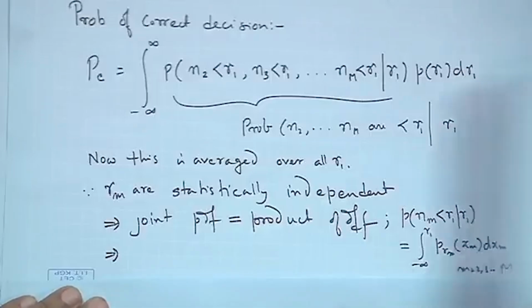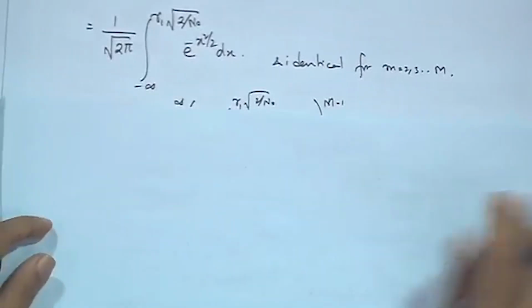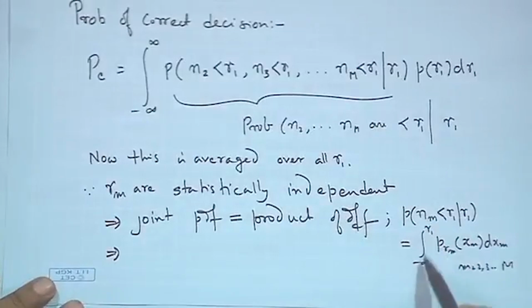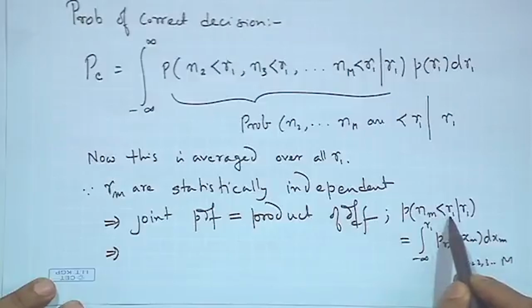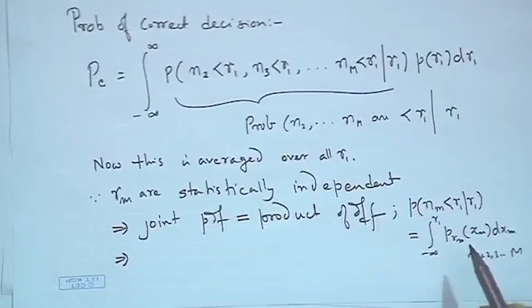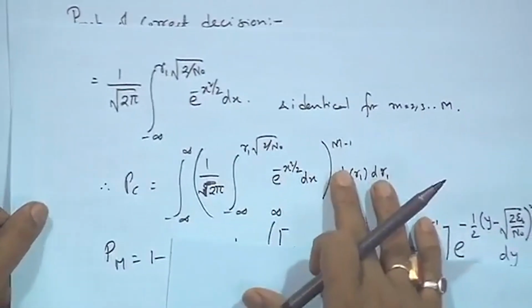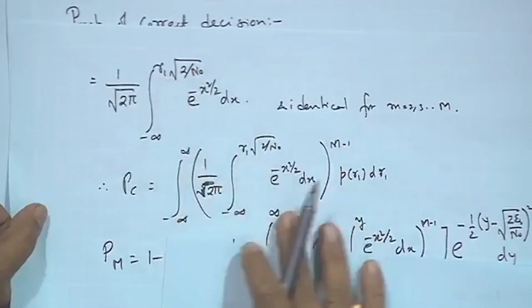So, it is minus infinity to R1, because you want this variable to be less than R1. So, this should range from minus infinity to R1, of P of xm conditioned on R1. That is what you have over here, and that turns out to be the integral over this range with a change of variables.